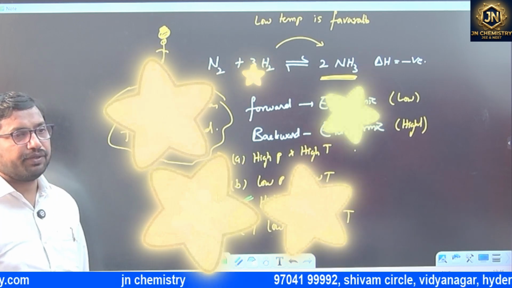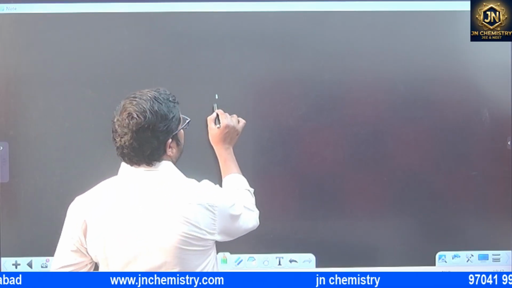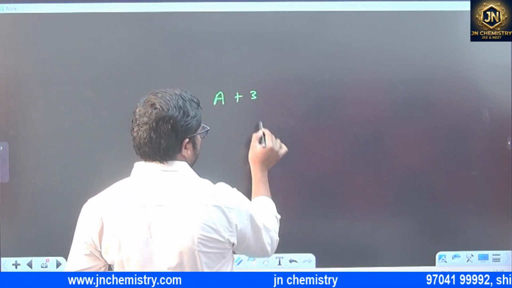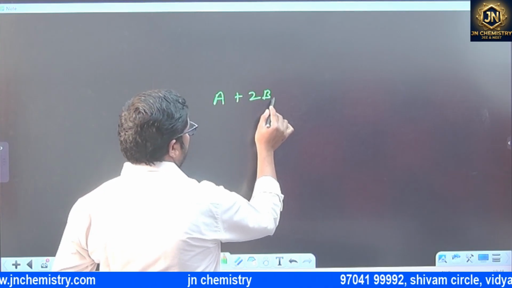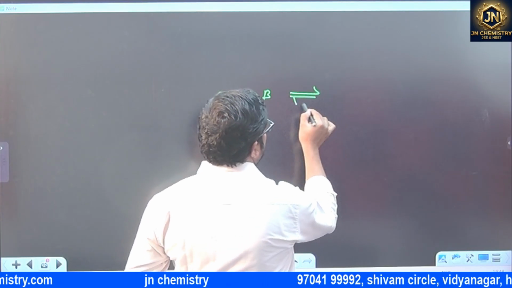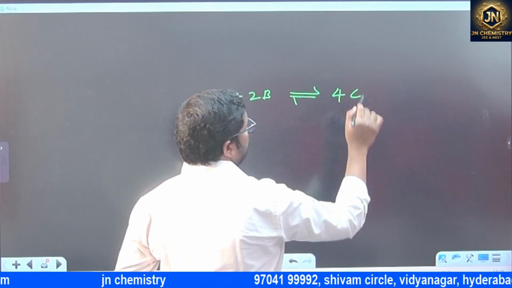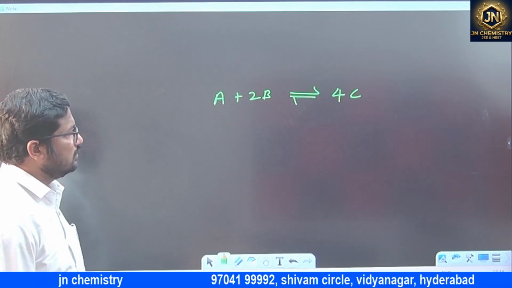Very, very important. For example, I'll give you one more: A plus 2B gives rise to 4C, whatever the equation.